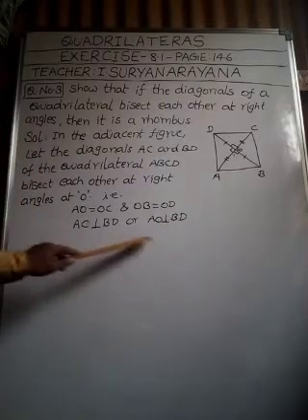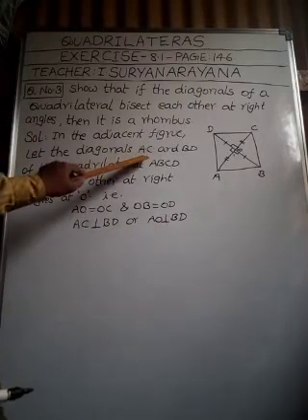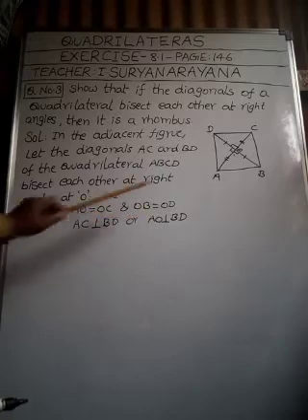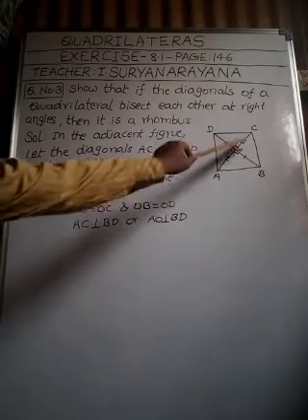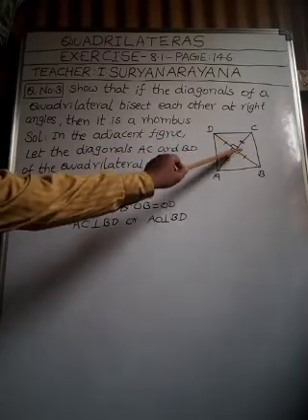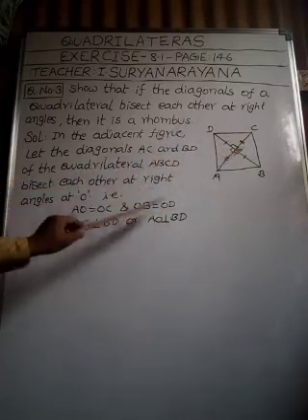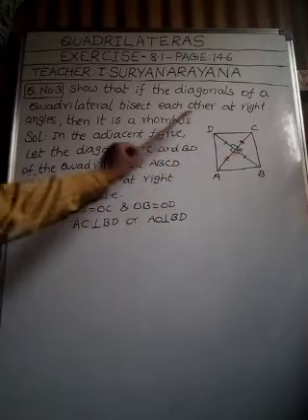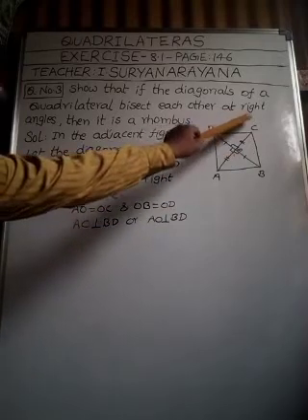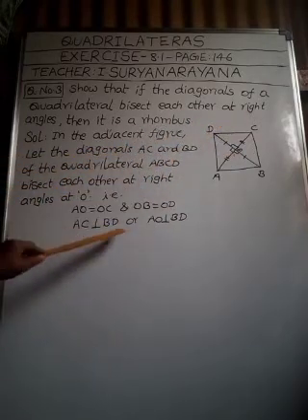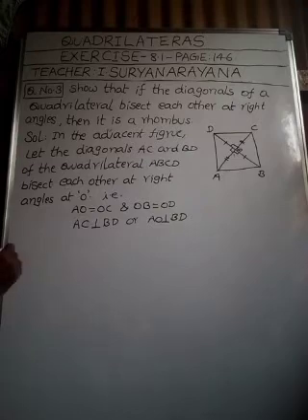Both mean the same. Okay, my children, from this data, I wrote these steps. AO is equal to OC because they are bisecting at this point. So this part is equal to that part. Similarly, OB is equal to OD, and it is perpendicular. They are bisecting each other at right angles. Understood this point, my children? Right.